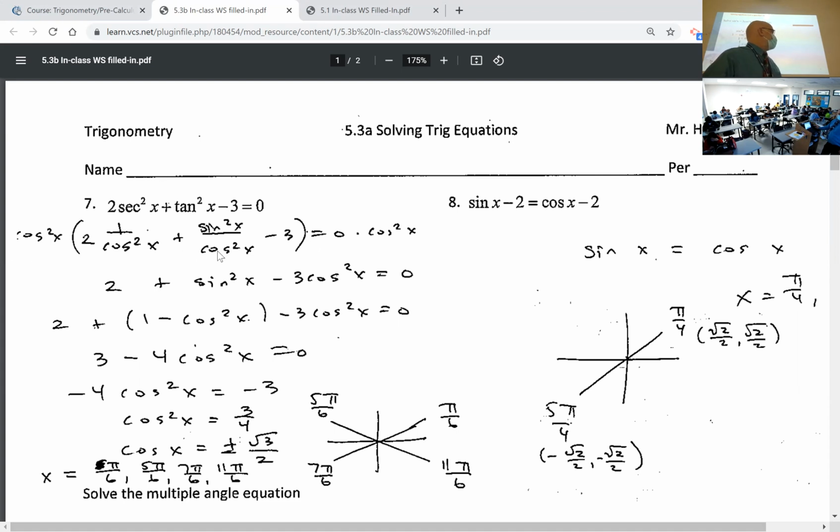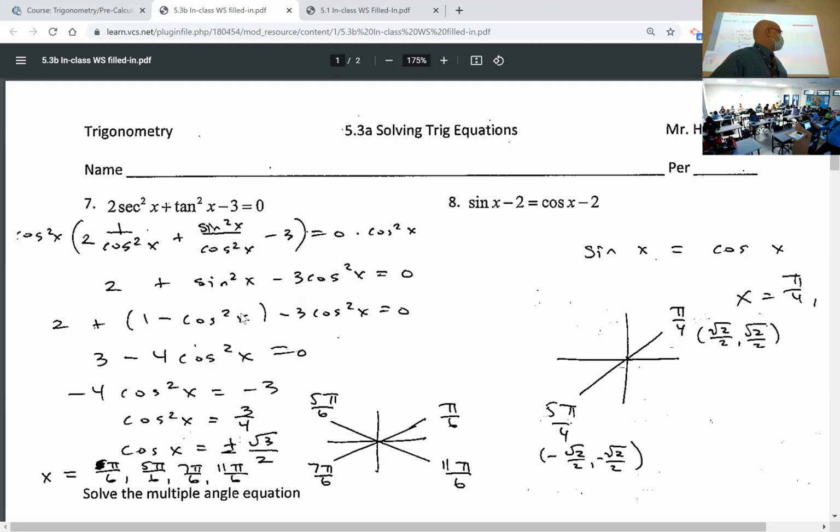Well, to get rid of that denominator, let's multiply both sides by cosine squared. On this side, 0 times cosine squared is still 0. So I've got 2, get rid of the denominator, plus sine squared minus 3 times cosine squared. Now to get rid of that sine squared, I'm going to use one of my Pythagorean identities, 1 minus cosine squared x.